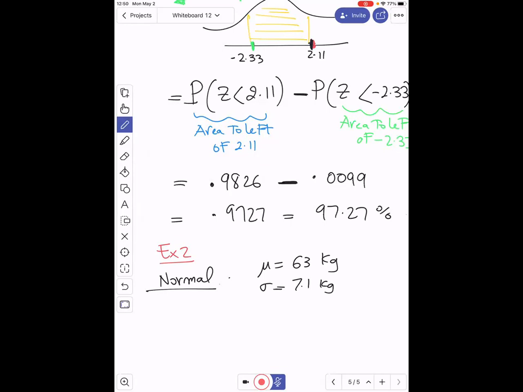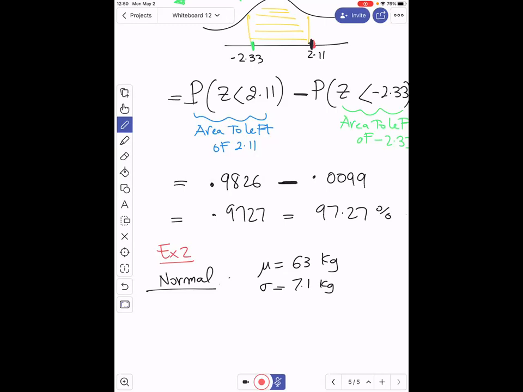And then number 1 says, suppose that a doe that weighs less than 54 kilograms is considered undernourished. What's the probability that a single doe captured is undernourished, right?